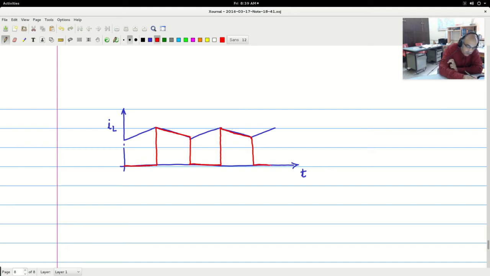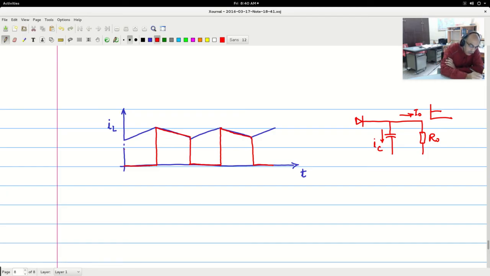Now this diode current splits into the capacitance and also into the load R naught. So what flows here will be IC, and what flows here is I naught, and this I naught is DC, and what flows here should be zero average.